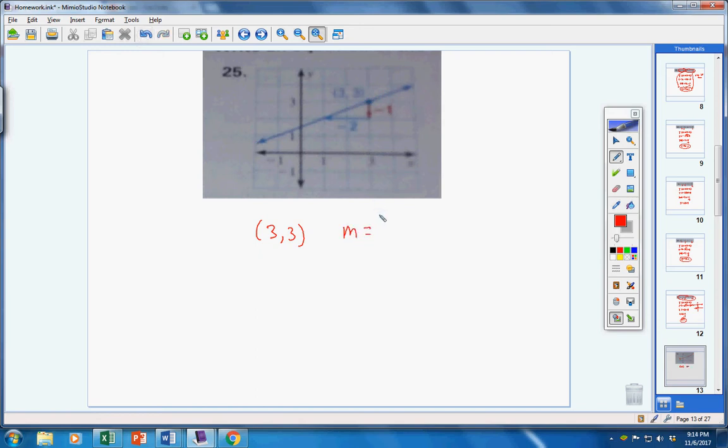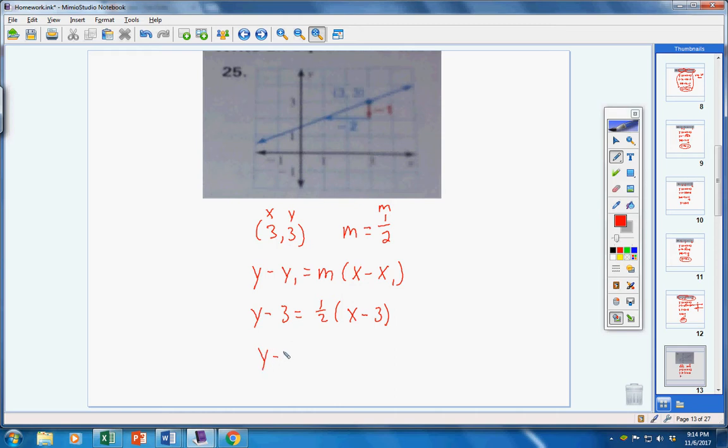And it's rise over run. And there we go. So now we have a point, we have a slope, so we can use our formula right here, okay? x, y, m, so y minus 3 equals m, which is 1/2, times x minus 3.